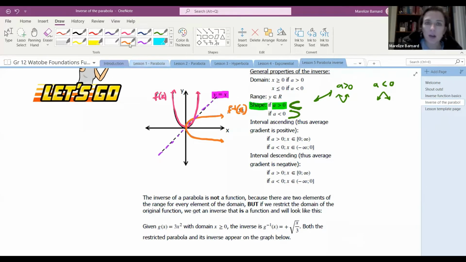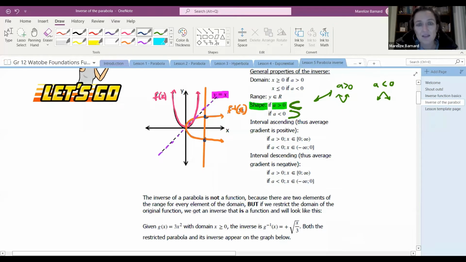So if we now do a vertical line test for the inverse of this parabola, and I'm just going to plonk that line down here, what happens is, as we notice, that it actually cuts the inverse in two places. The orange is the inverse of the parabola. The vertical line test that we do to check if it's a function or not cuts that graph in two places, which means the inverse of a parabola is not a function.